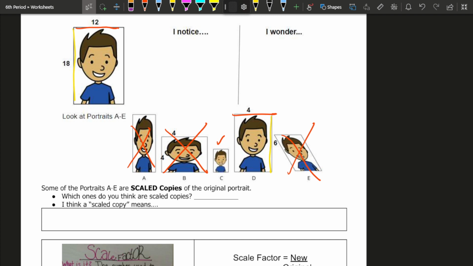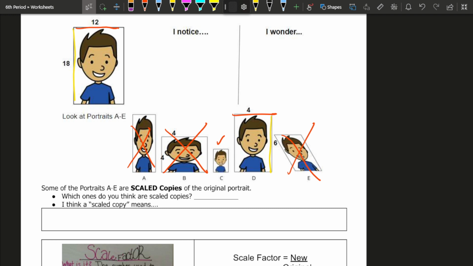Now let me ask you something. Whenever we're talking about scale factors and similar figures, we are only going to multiply or divide. We're not adding or subtracting, okay? A scale factor is proportionality, it's fractions. Look at 4 and look at 12. What happened between them?